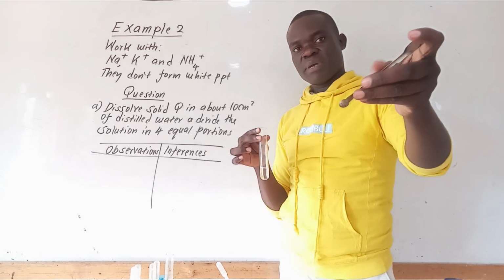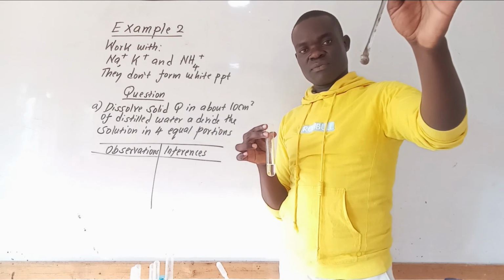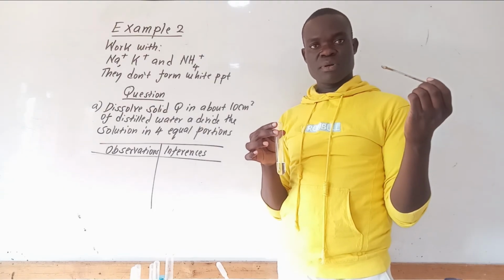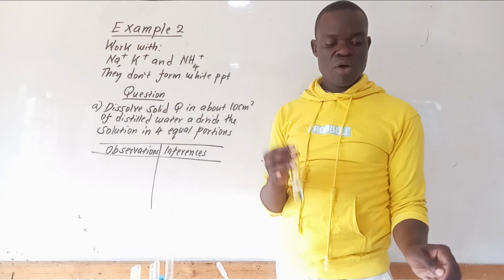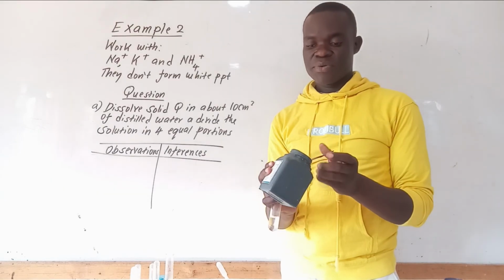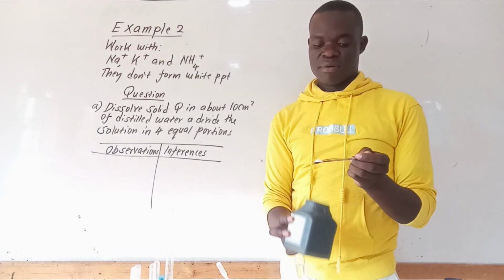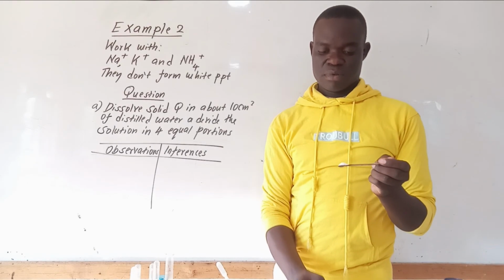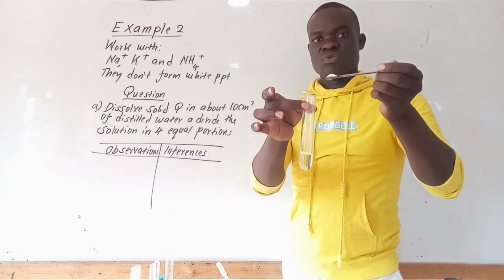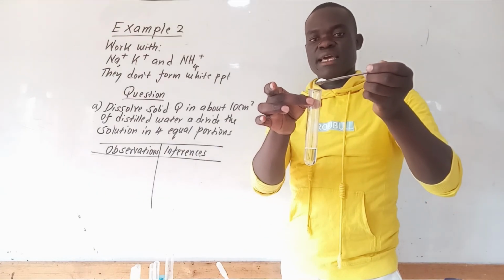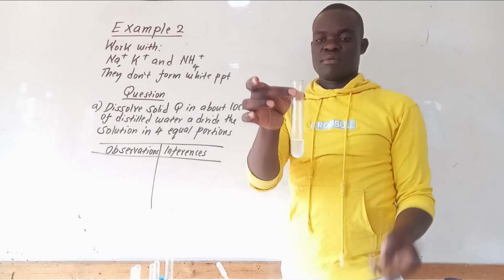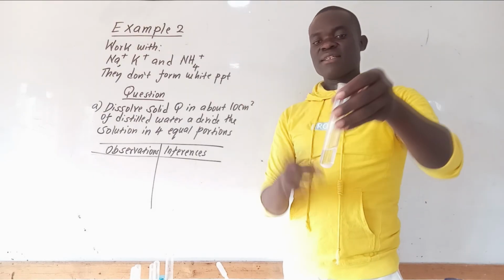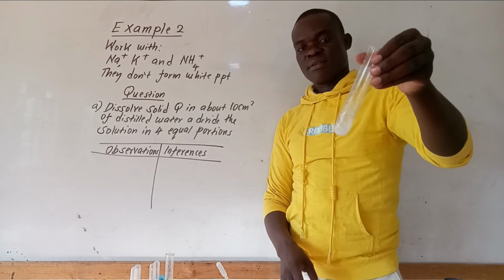This is a spatula. So I will scoop a spatula full of solid Q. I will add it to the distilled water in the boiling tube. After that, I will shake.